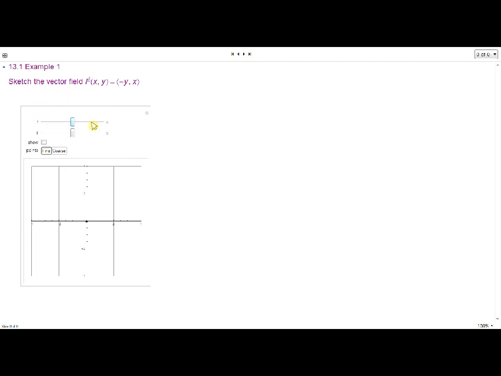So here's what's happening. You define an actual vector field right here. F of x, y is negative y, x.